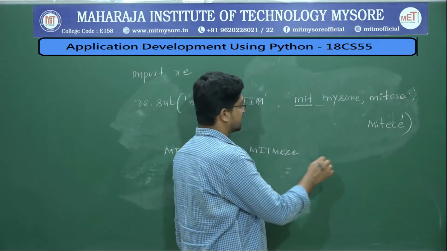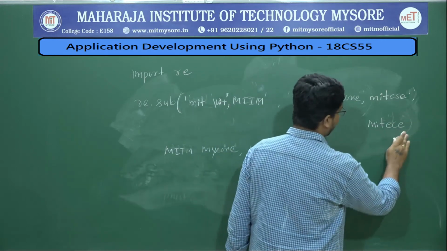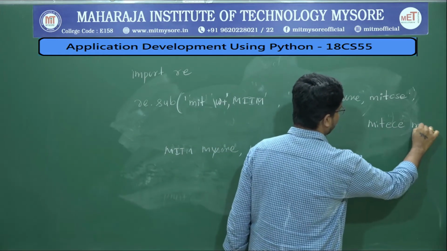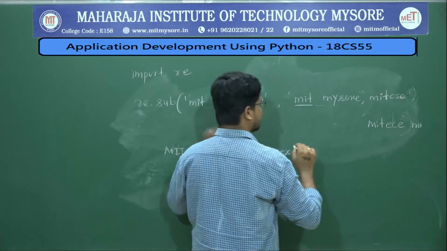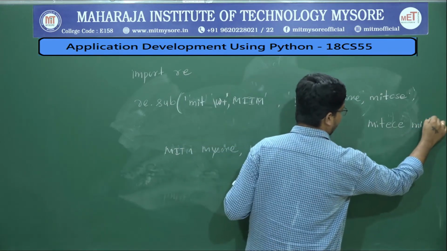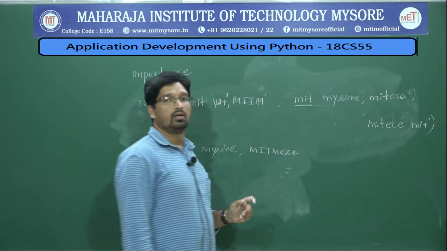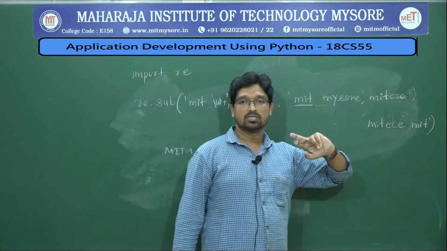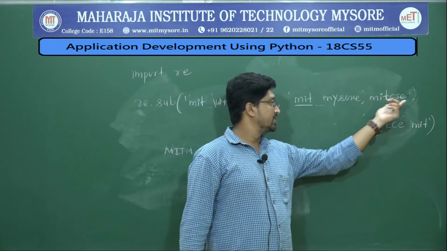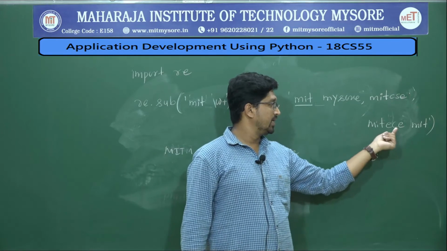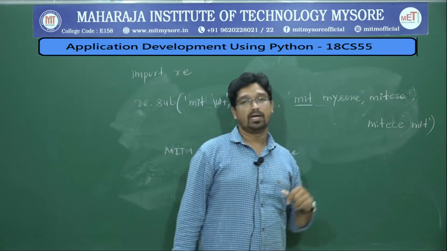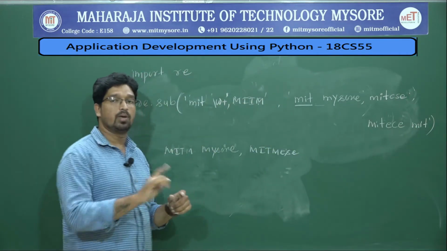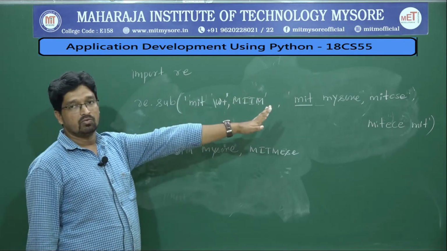And the drawback of this particular regular expression: let us say I have MIT CSE, comma, MIT ECE, space, MIT. After that I don't have any space or character, but that is the last word.